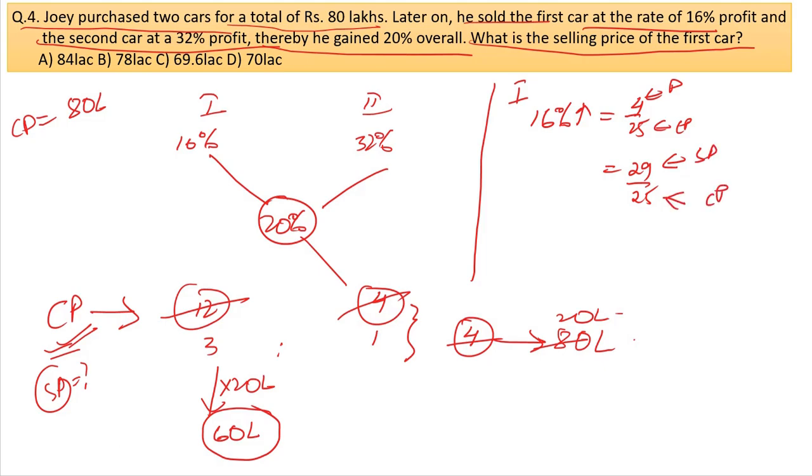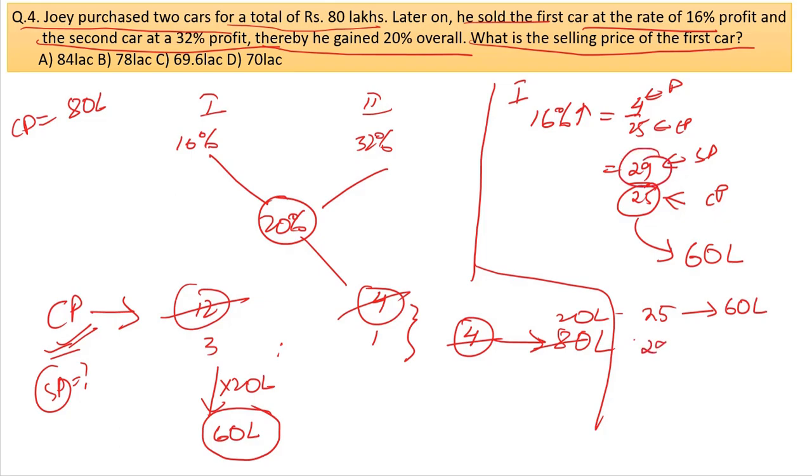Therefore, if 25 is 60 lakhs, we need 29 units here. 29 units will be 60 divided by 25 into 29. After cancelling, we have 69.6 lakhs.